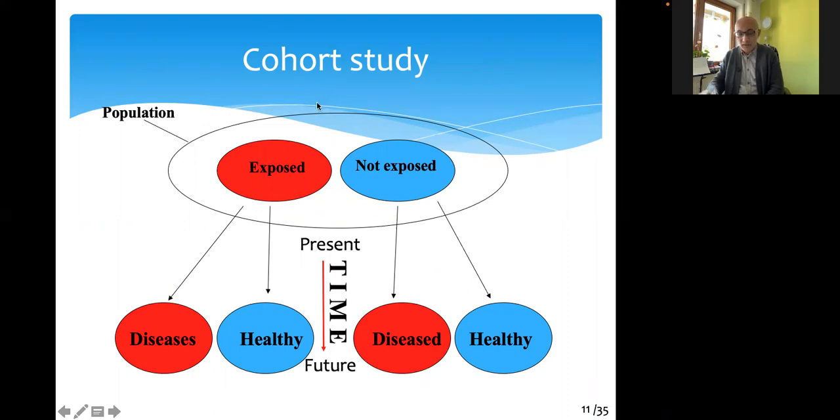Cohort studies are another very important study design. For cohort studies, I have the Framingham study as an example. Please Google it, Framingham, and see what kind of study design it is. Here you have the cohort, meaning a population. You have a population of people like the Framingham city, and you take all the healthy people who don't have the disease.